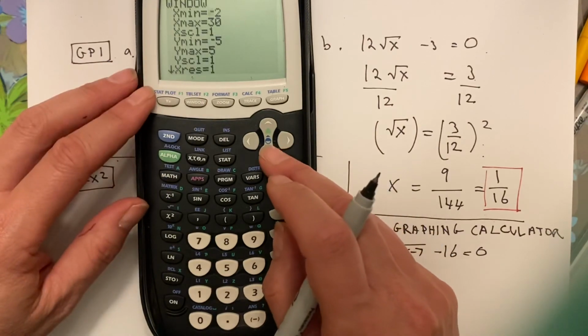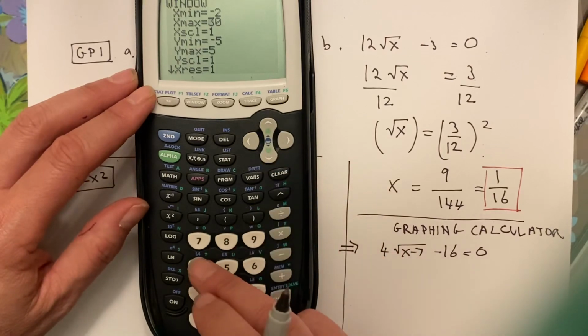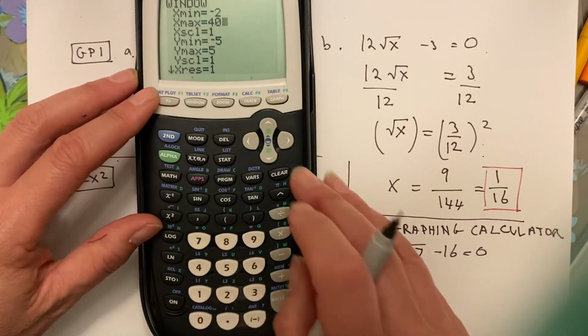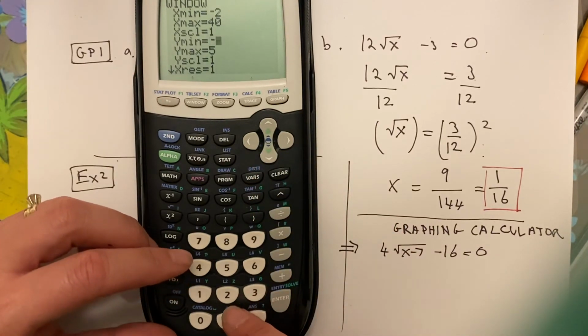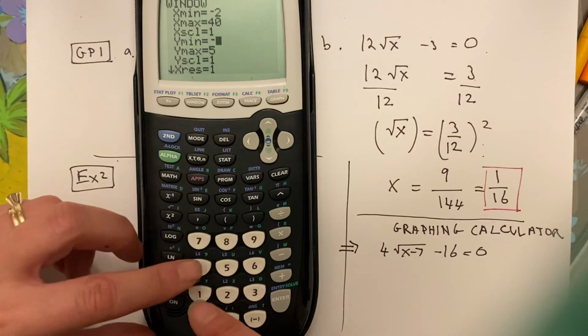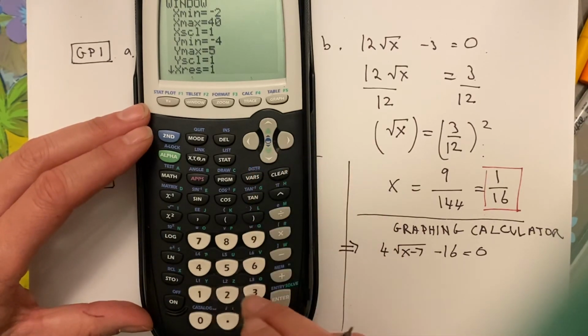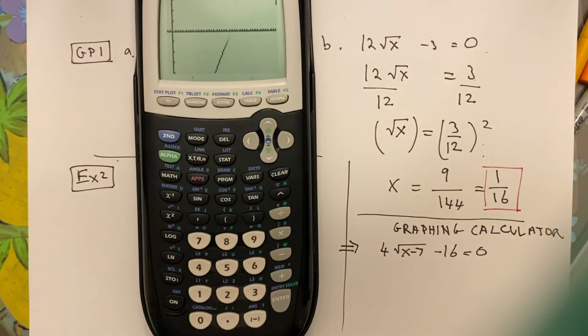Let me try and see if my x max, it looks like it's pretty large, so 40. But it looks like the y's are more narrow, so I'll leave it at minus 4, and maybe y max will be plus 3. And let's see what graphs. So I need to zoom out a little bit.